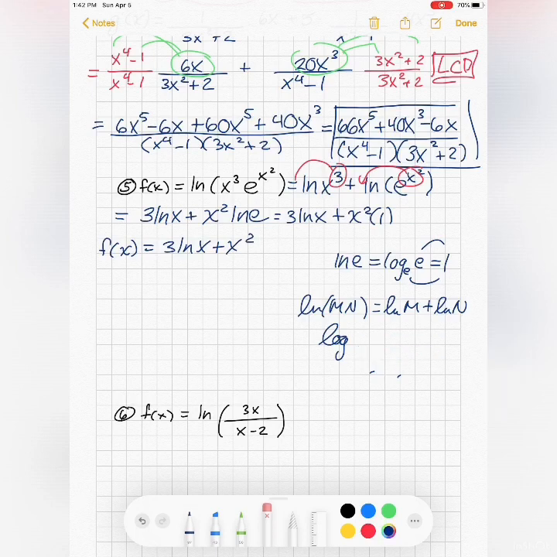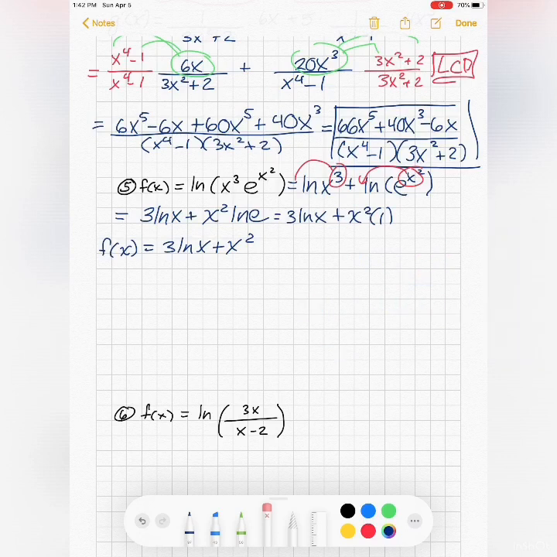So again, I haven't actually found the derivative yet. That's just simplifying the function using log properties. So now let me look at actually differentiating. It's actually going to be really easy now. So 3 times 1 over x plus 2x.